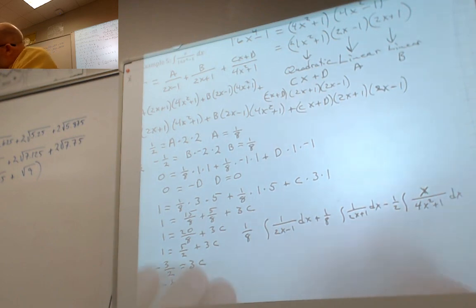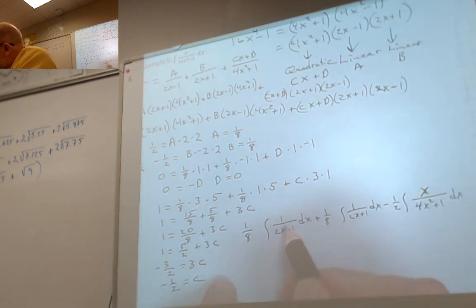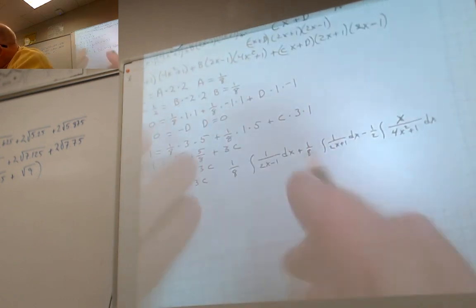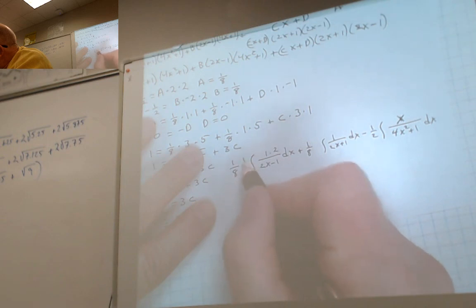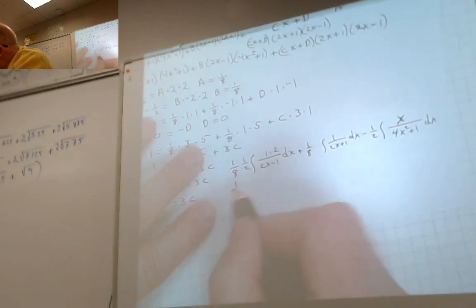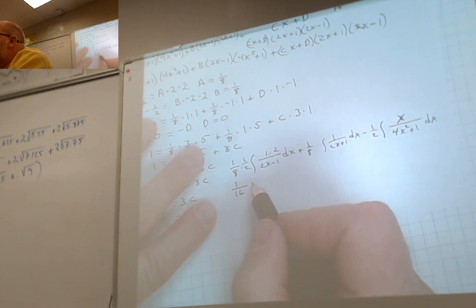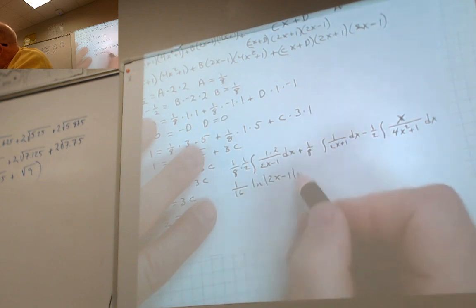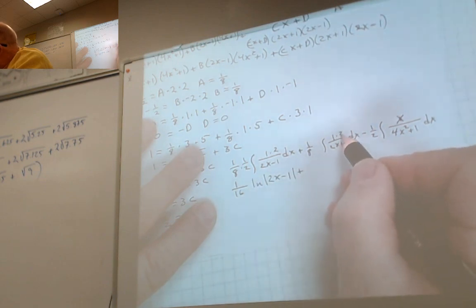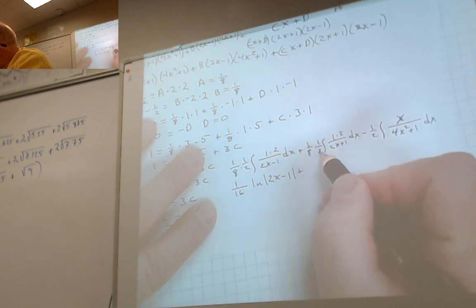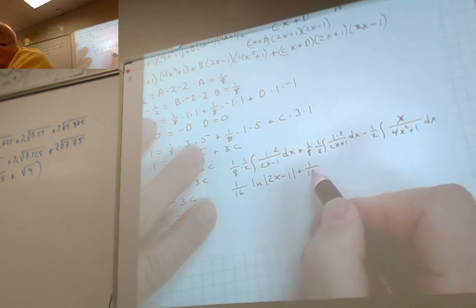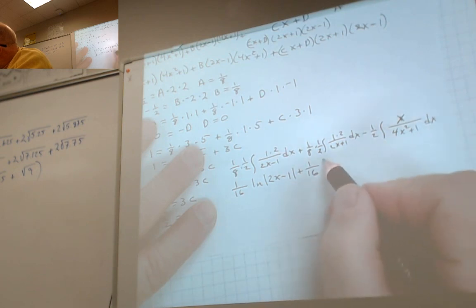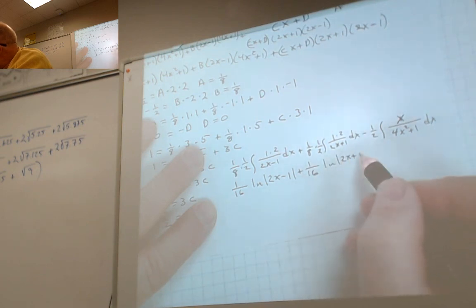All right. So what do I need on top here? A 2, correct? And so this will be a 1/2. So this is going to be 1/16 the what? Natural log of 2x minus 1. Plus, I'm going to need a 2 up here for the same reason, so I need a 1/2. So I get 1/16 of the natural log of 2x plus 1.